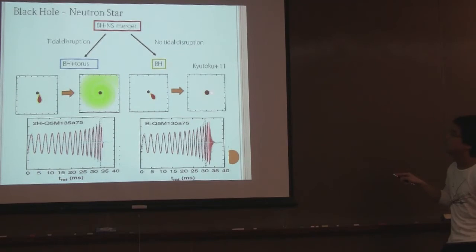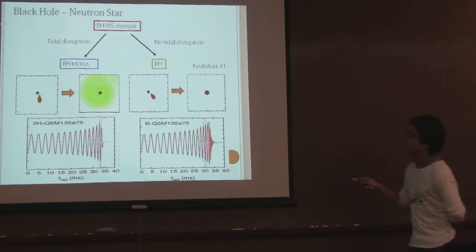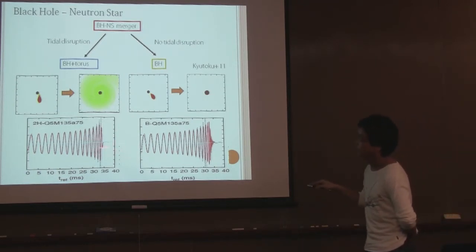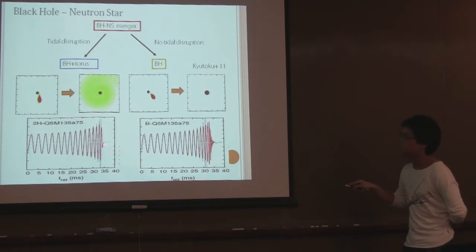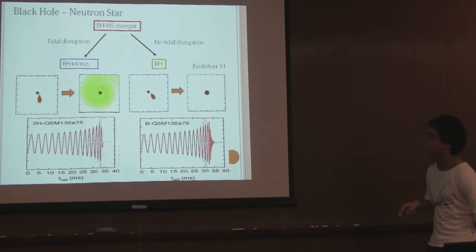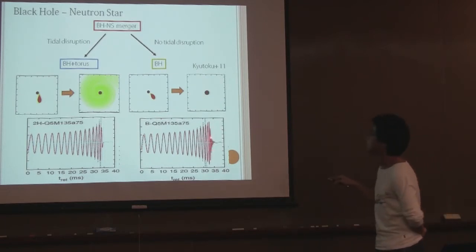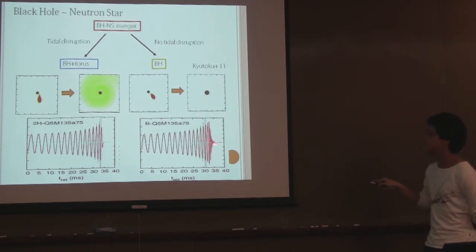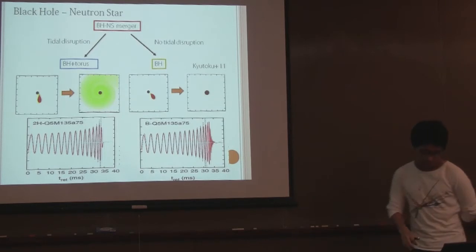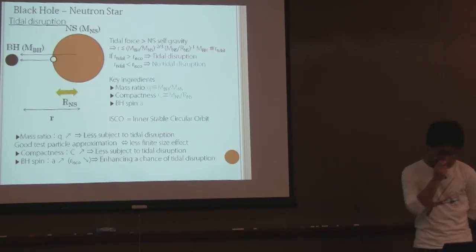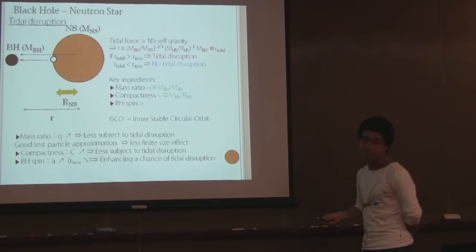Otherwise, only the black hole remains. The tidal disruption is imprinted in the gravitational waves as a sudden shutdown of the gravitational waveforms. And if it does not happen, the quasi-normal mode of the black hole can be seen in the gravitational waveforms.